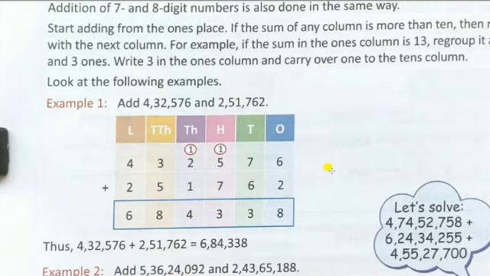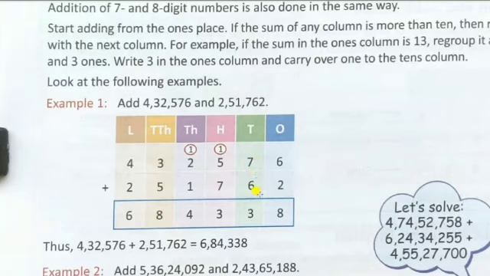After that we start addition from the ones place. So 6 plus 2 is 8. It is a single digit number, so there is no carryover to the next column. Now 7 plus 6 when added becomes 13. So here we apply the regrouping process. 7 plus 6 is 13.